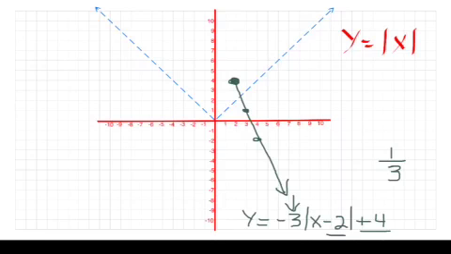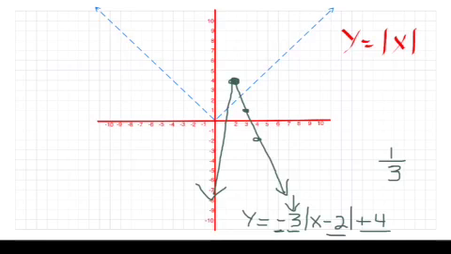So we go over 1, down 1, 2, 3 here also. So it looks something like that. I might have missed it a little bit. But it is a vertical stretch of 3, reflected over x because of the negative in front, moved to the right 2, moved up 4, and the graph would look something like that.